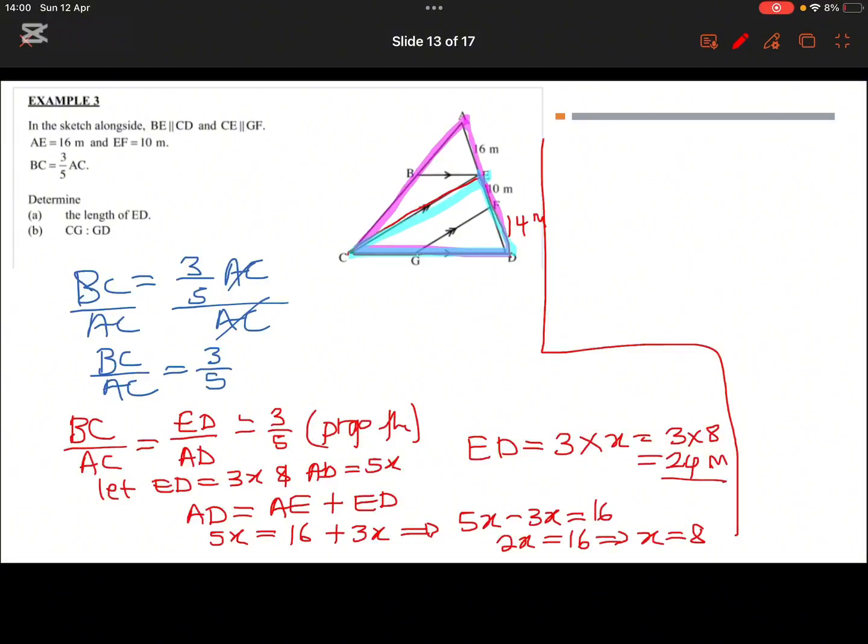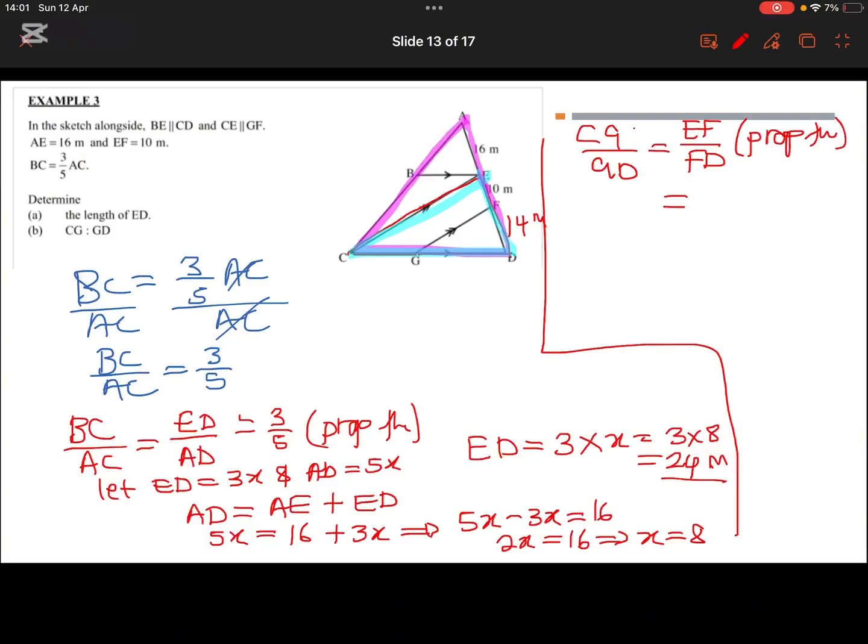Because when we add 10 and 14, we get 20. Okay, so now it means we can say CG divided by GD will be equal to EF divided by FD. That follows the proportion theorem.